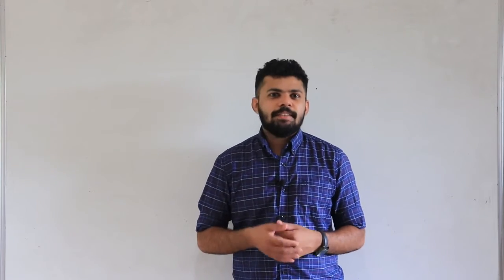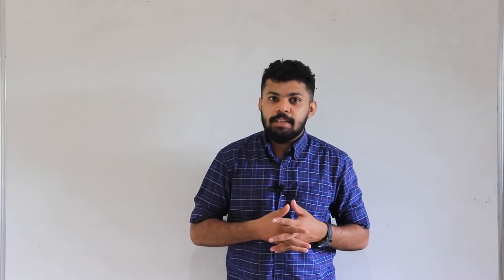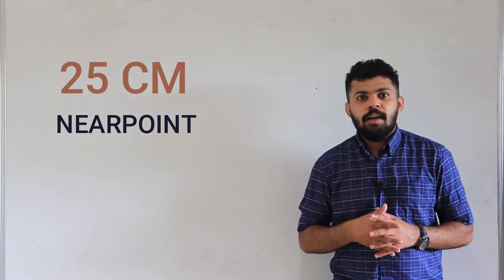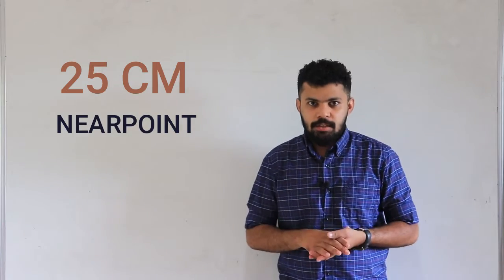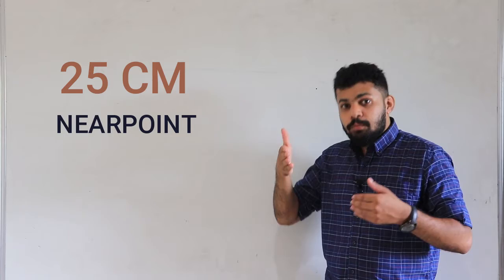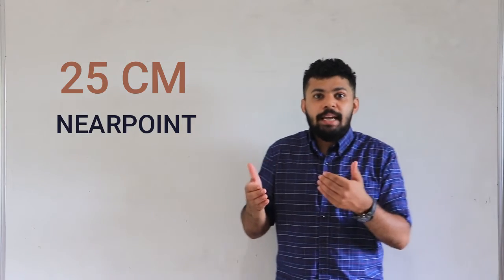As a bonus, we can say two more points. For a normal person, 25 centimeter is the nearest point at which he can see a clear image. That means if the object is at 20 centimeter or 15 centimeter, which is below 25 centimeter, it will never become a clear image.